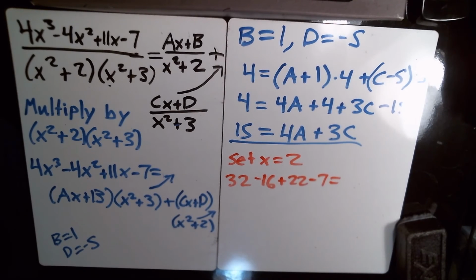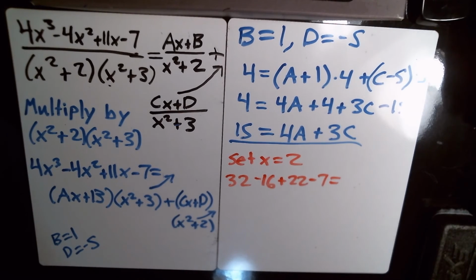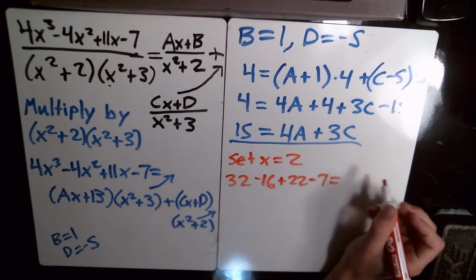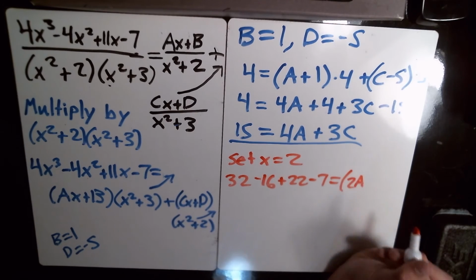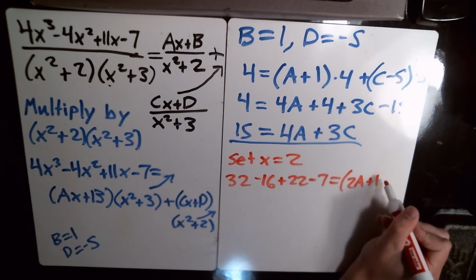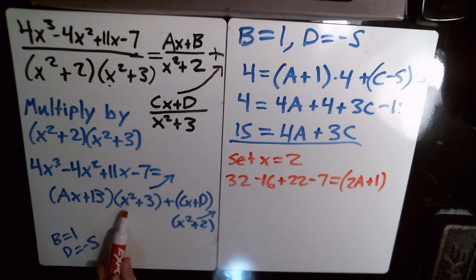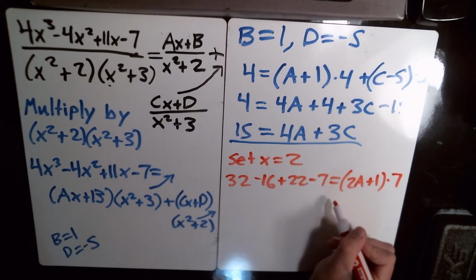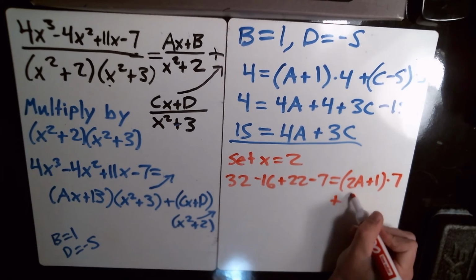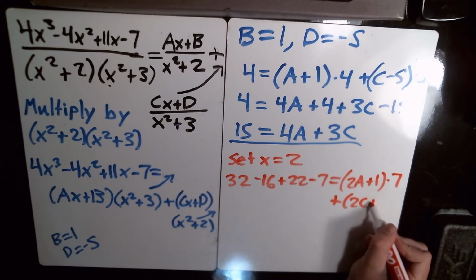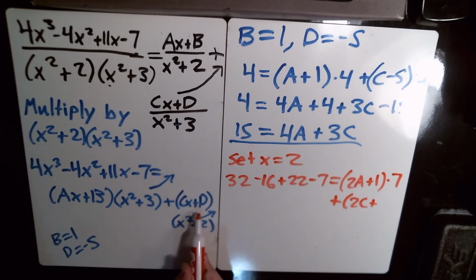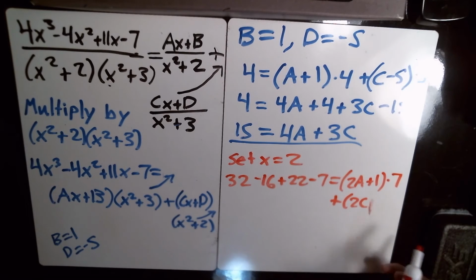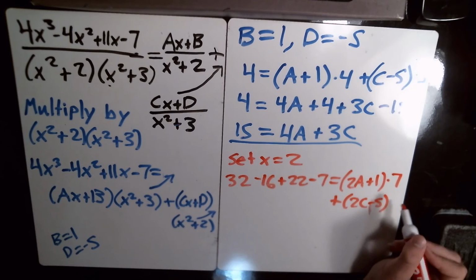Minus 7 is equal to A, so we've got 2A, and then B was 1, and then 2 squared is 4 plus 3 is 7, and then plus 2 times C plus D was negative 5, and then 2 squared is 4 plus 2 is 6.